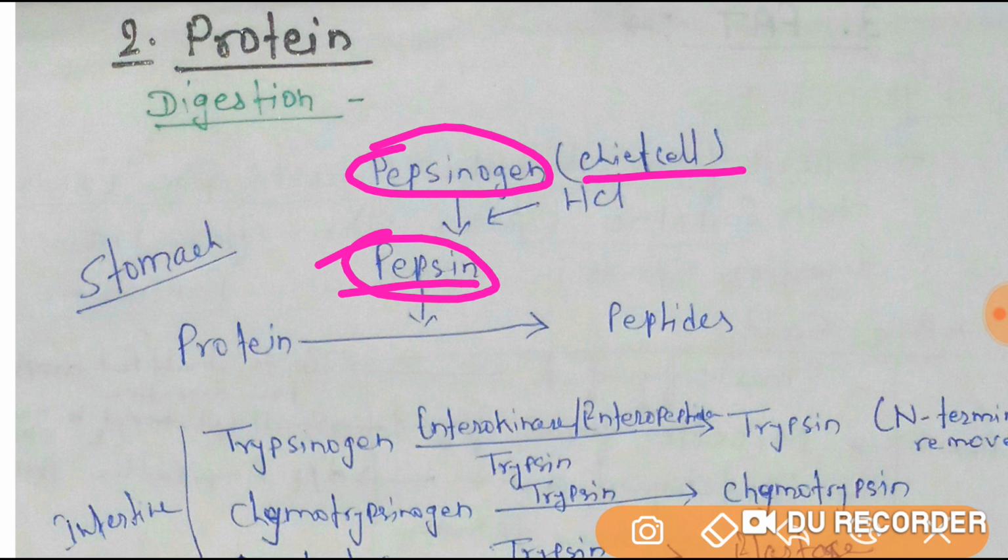For the activation of pepsinogen to pepsin, HCl is required. This HCl converts pepsinogen to pepsin, and pepsin digests protein to peptides.